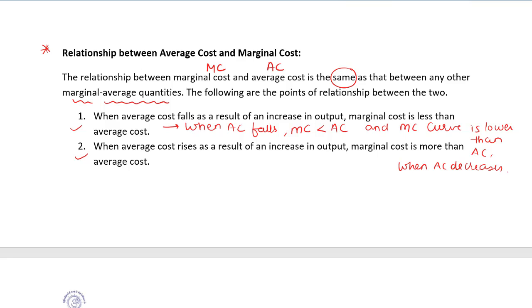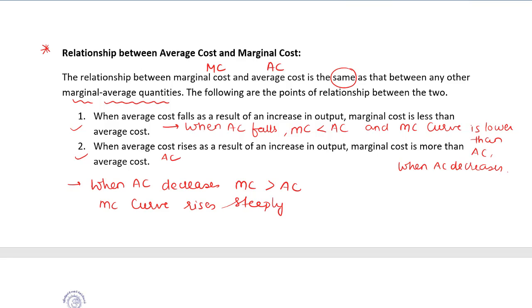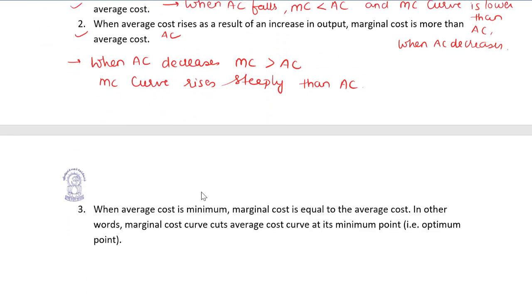Let's see the second point now. When average cost rises as a result of increase in output, the MC is more than AC. You can write over here, when AC rises, MC is greater than AC, and the MC curve rises steeply than AC. Understood?